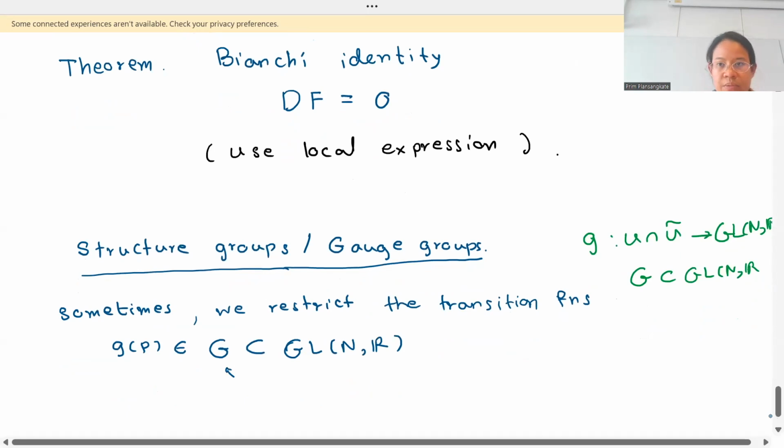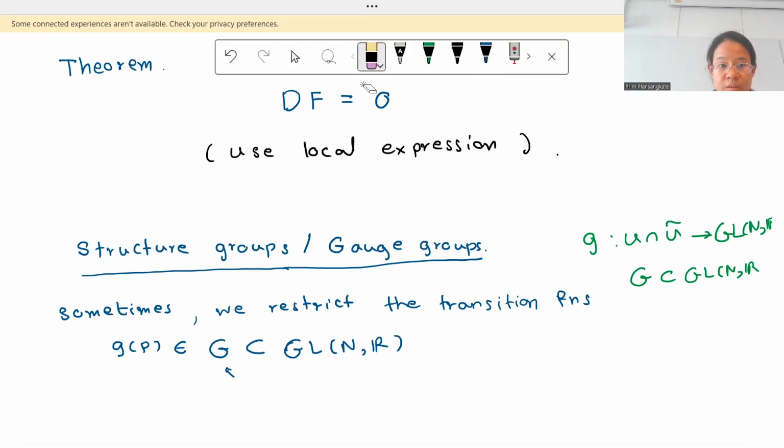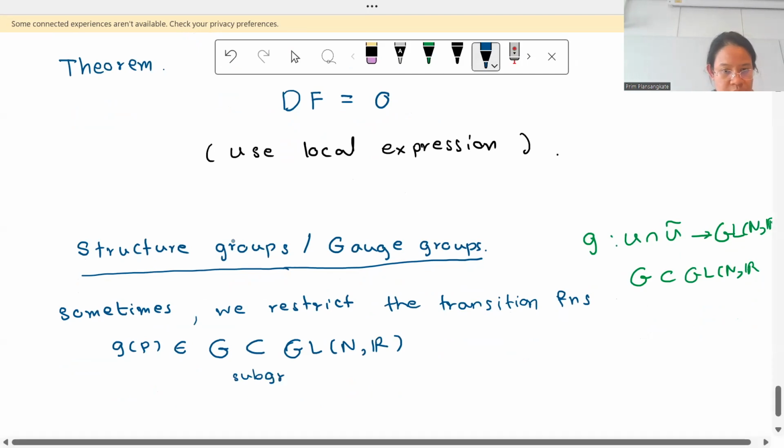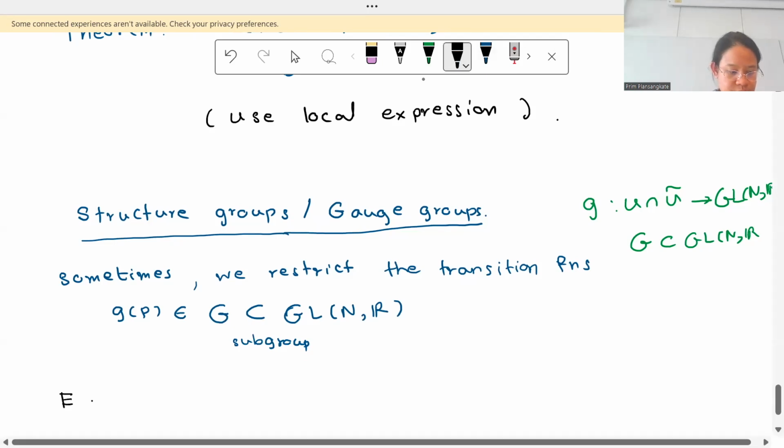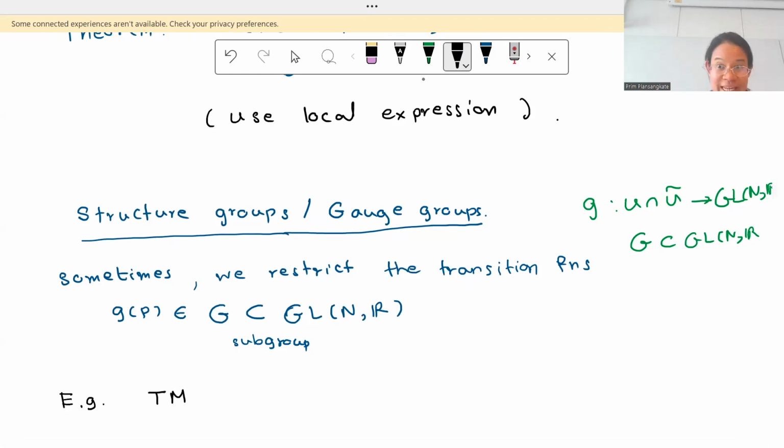So D is a subgroup. For example, this is one popular example: if we look at the tangent bundle E, that vector bundle is a tangent bundle over a manifold.